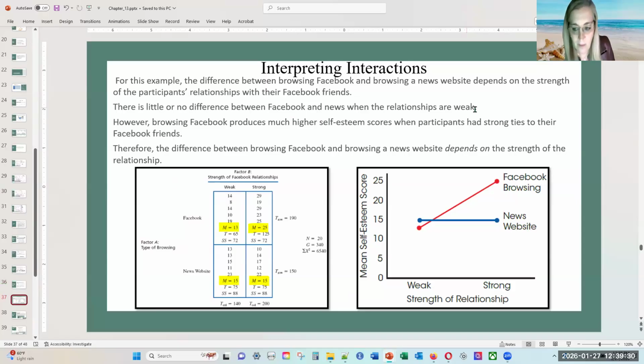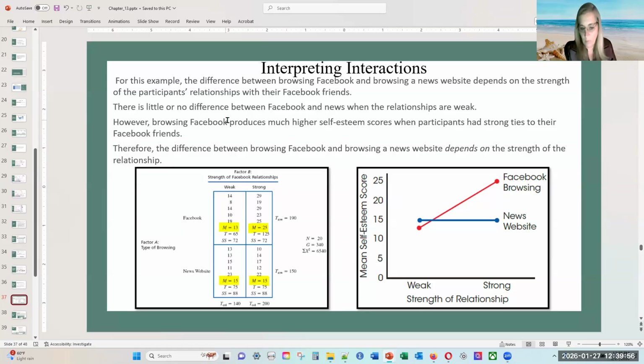All right, so here's an example of what it might look like if you were to interpret an interaction. For this example, the difference between browsing Facebook and browsing a news website depends on the strength of the participants' relationship with their Facebook friends. There's little or no difference between Facebook and news when their relationships are weak.